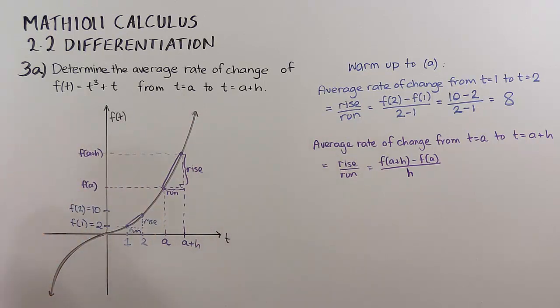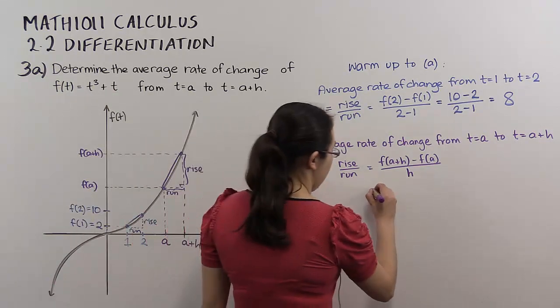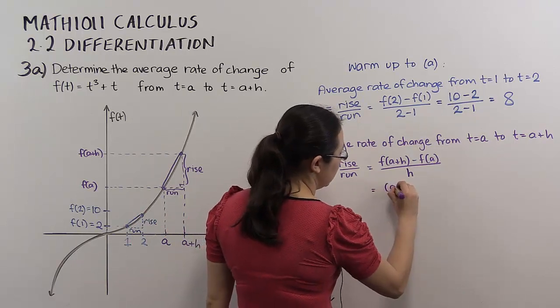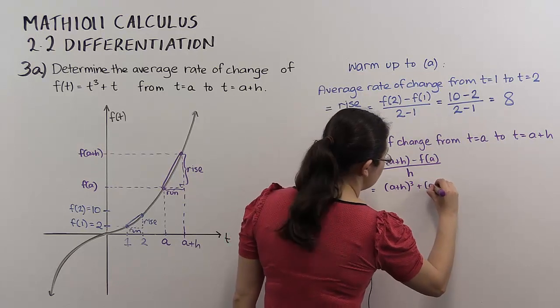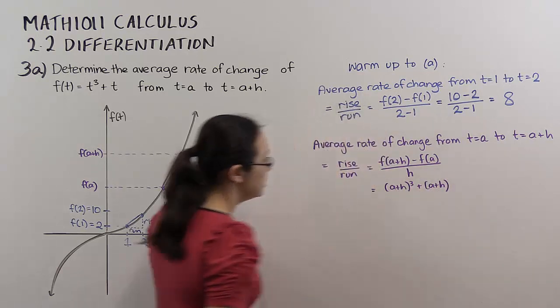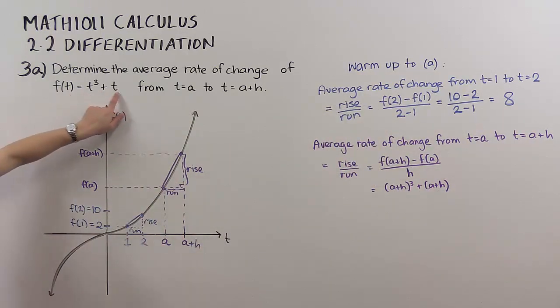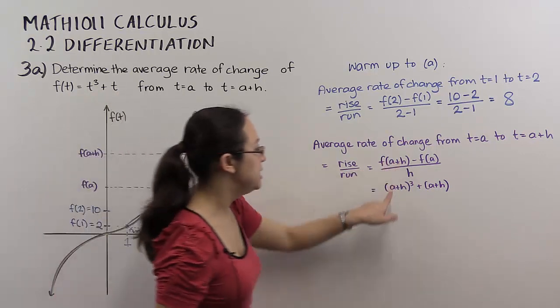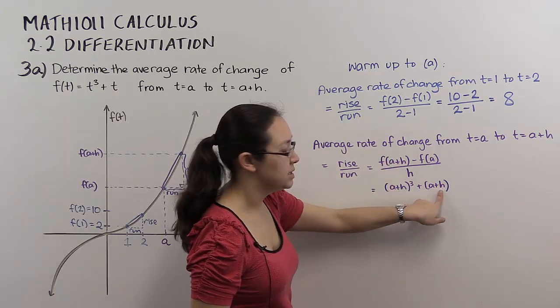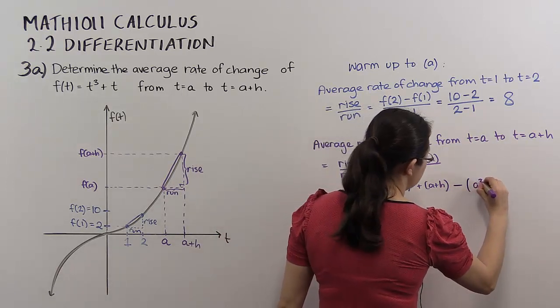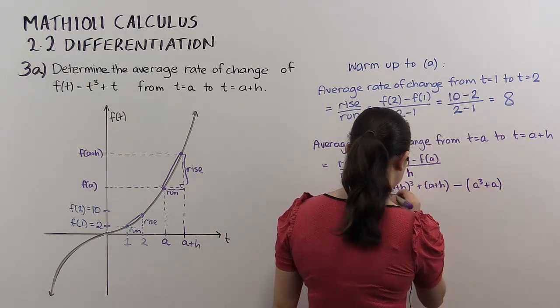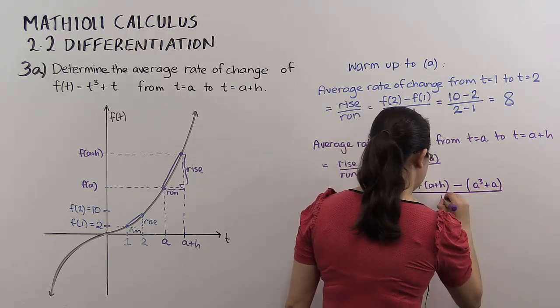Now, we need to calculate this using this function here, t cubed plus t. So f of a plus h is really a plus h cubed plus a plus h. Okay, so f of t is t cubed plus t, so f of a plus h is a plus h cubed plus a plus h, minus f of a, which is a cubed plus a, all divided by h.